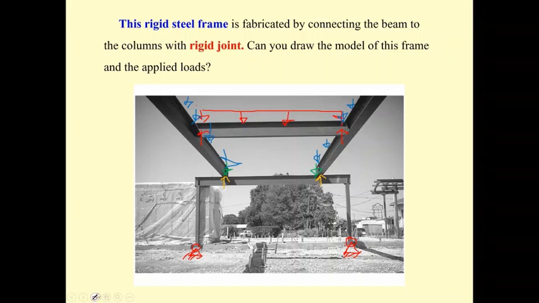Okay, and also this frame has its own weight. So this frame is going to have what? It's going to have a uniformly distributed load along its length, like this.